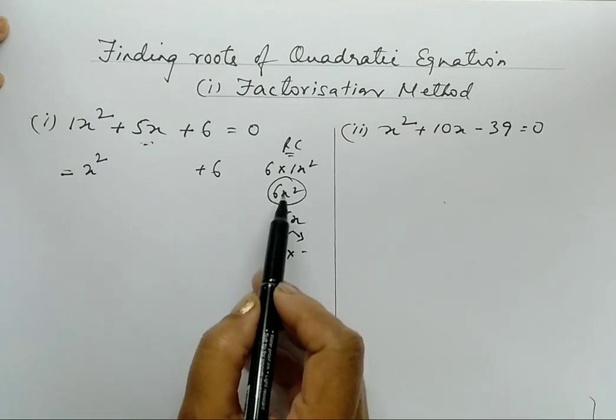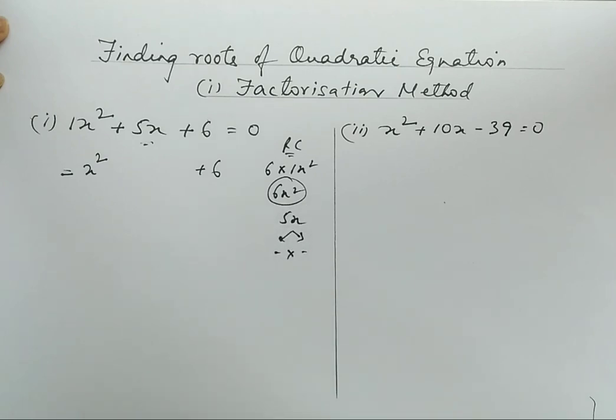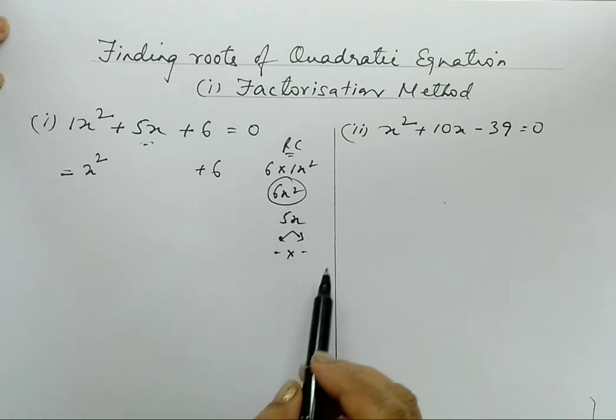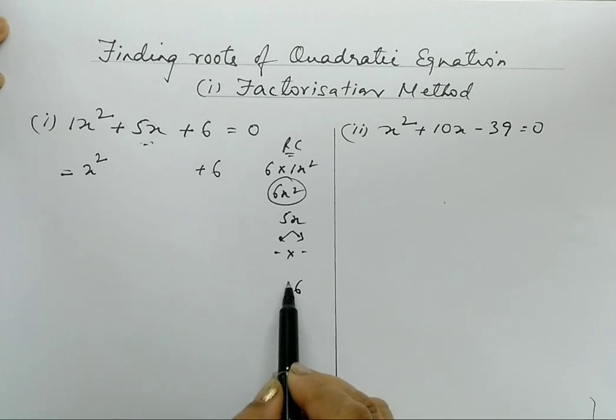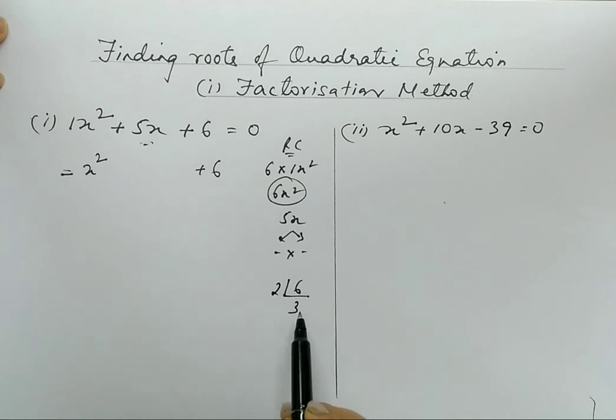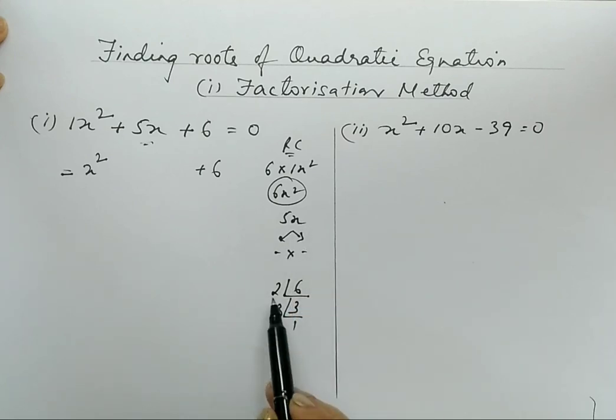When multiplied, we get 6x square. That we precisely do by finding the factors of 6. Say this is divisible by 2, so we get 3 here. Correct? So 2 and 3 on adding becomes 5x, but when you multiply 2 and 3, we get 6x square.